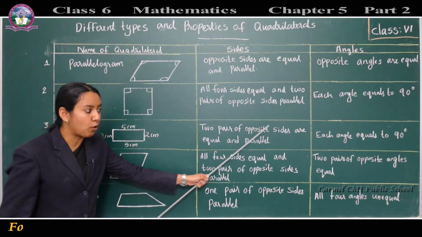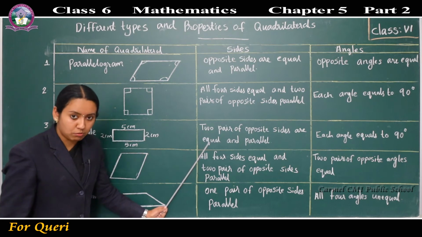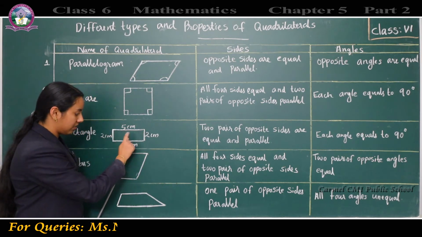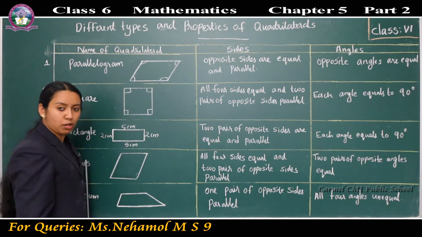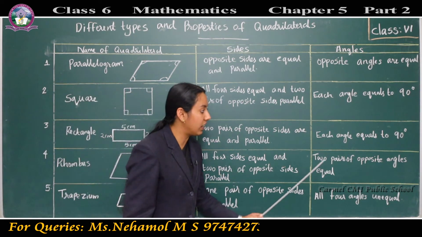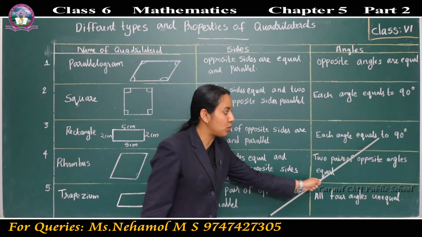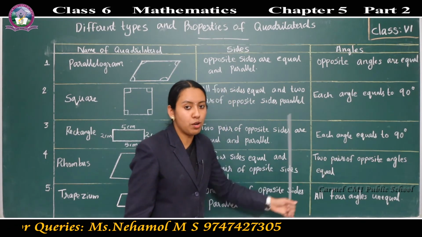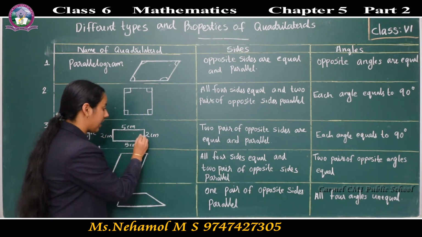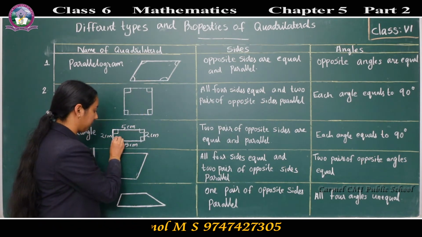Two pairs of opposite sides are equal and parallel. Then what about angle? Each angle equals 90 degree. All angles are 90 degree.